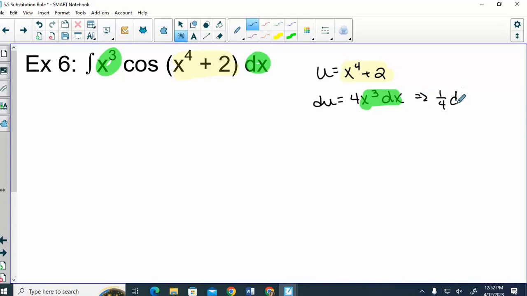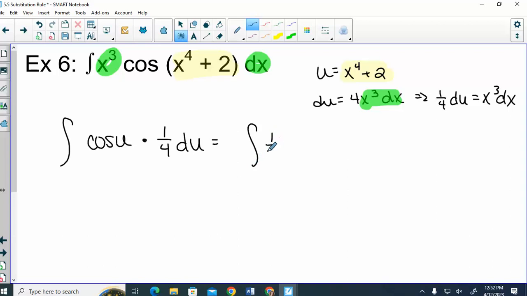So 1/4 du equals x cubed dx. So the integral of cosine of u, x cubed dx is a 1/4 du. 1/4 cosine of u du.